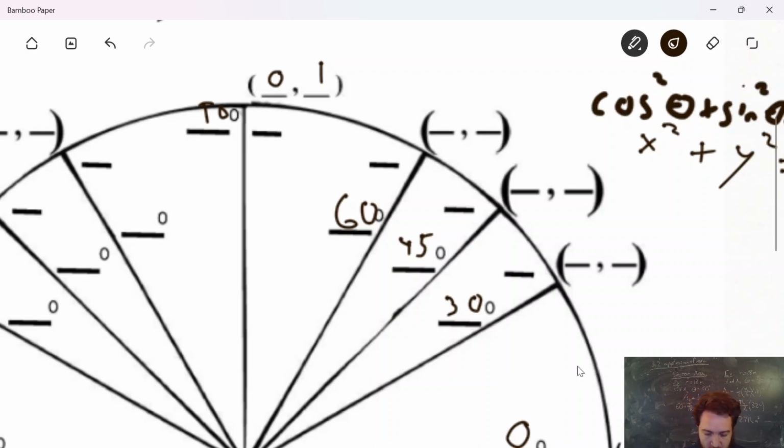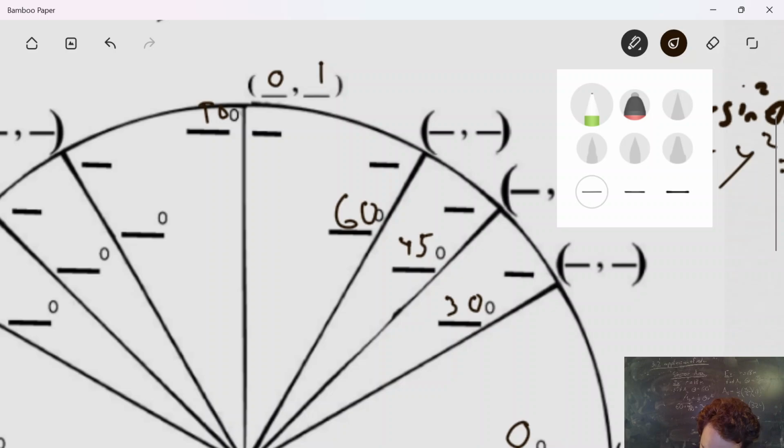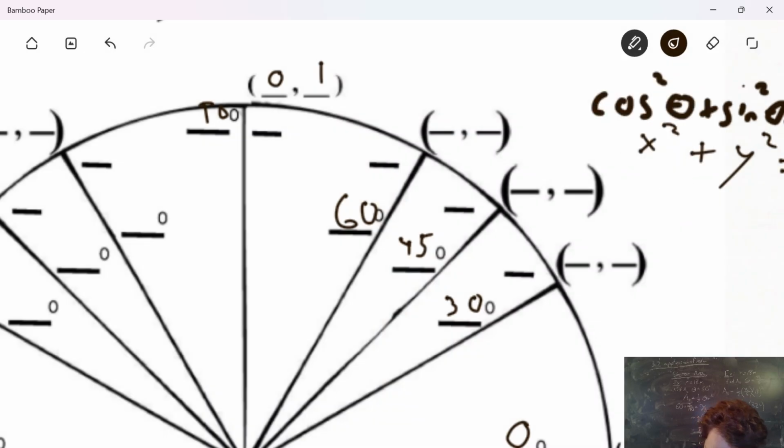Okay. So notice that each one of these small wedges here is precisely 30 degrees. So every amount of space that I move, which is one of those wedges, will just be like adding 30 degrees.